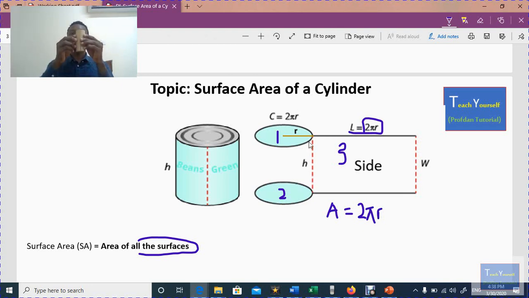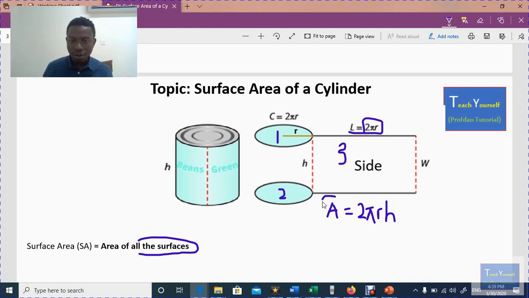If this is my cylinder, okay, from the top here to the bottom or the base is the height. If I open it up, it corresponds to this part, from this part to this part, which is the width or the height of the cylinder. So I have 2 pi r h.